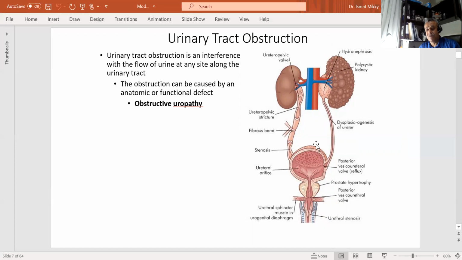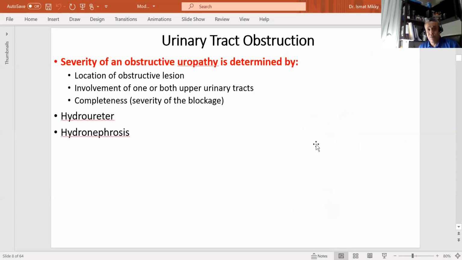So obstructive uropathy is the anatomic changes in the urinary tract or urinary system caused by obstruction.